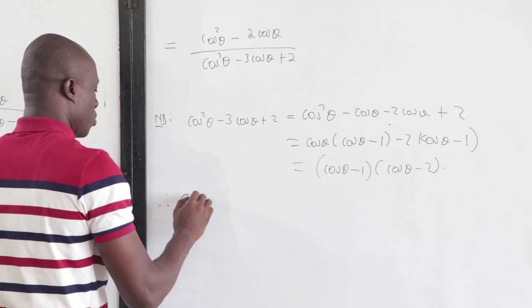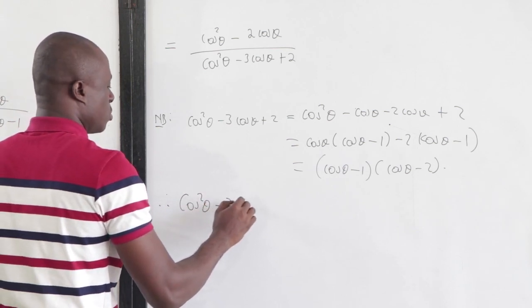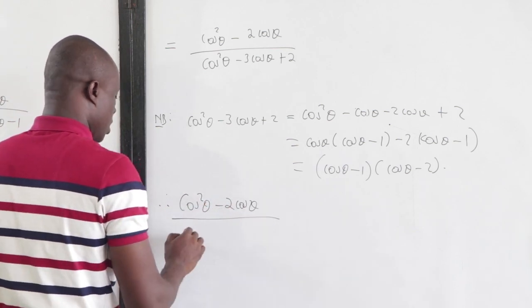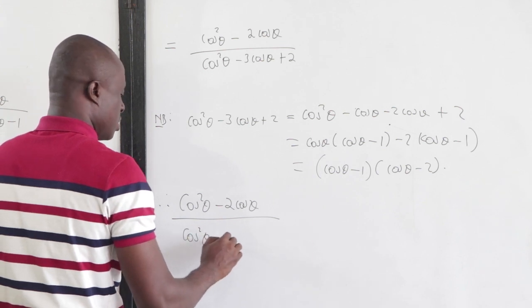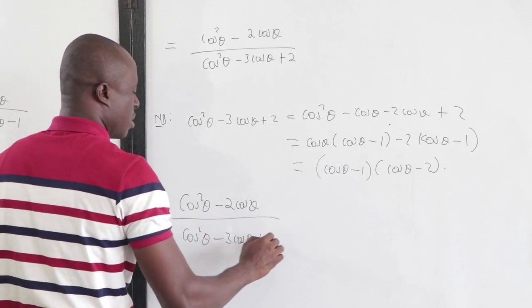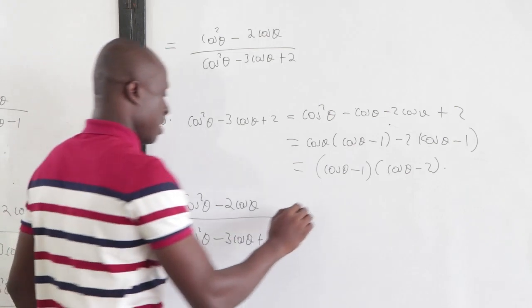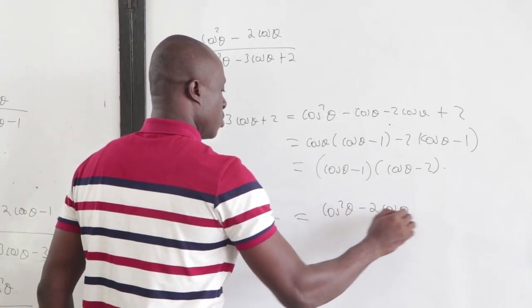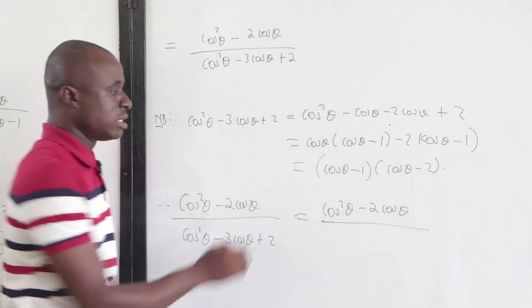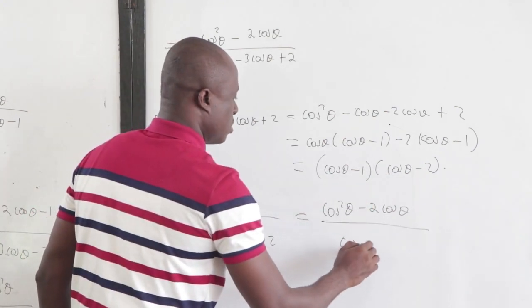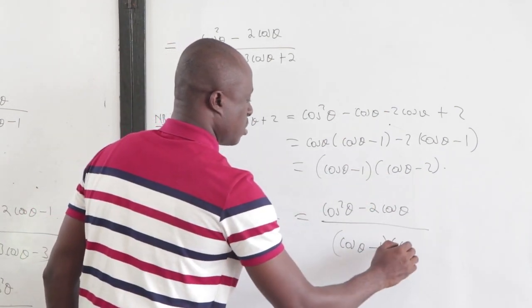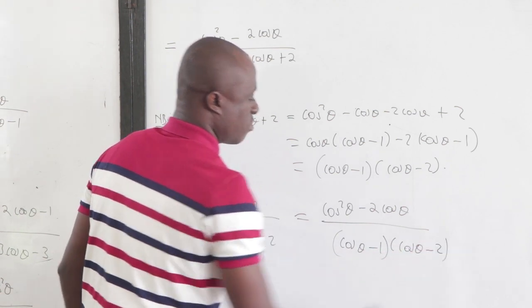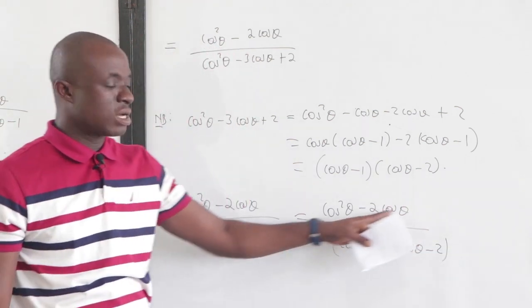Therefore, the numerator, I have cos square theta minus 2 cos theta all over the denominator. What did I get? I had cos theta minus 1 times cos theta minus 2.